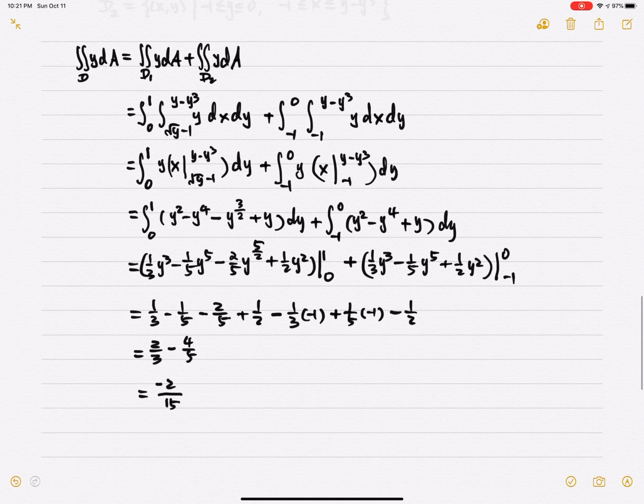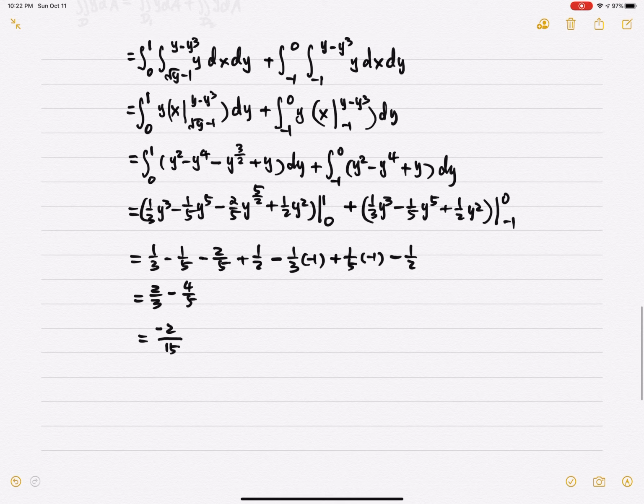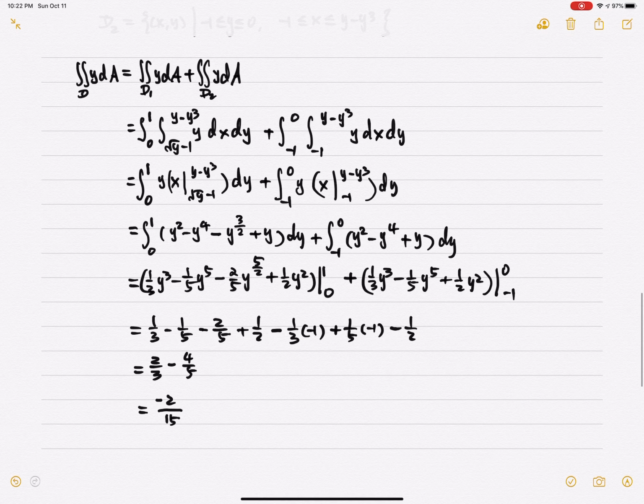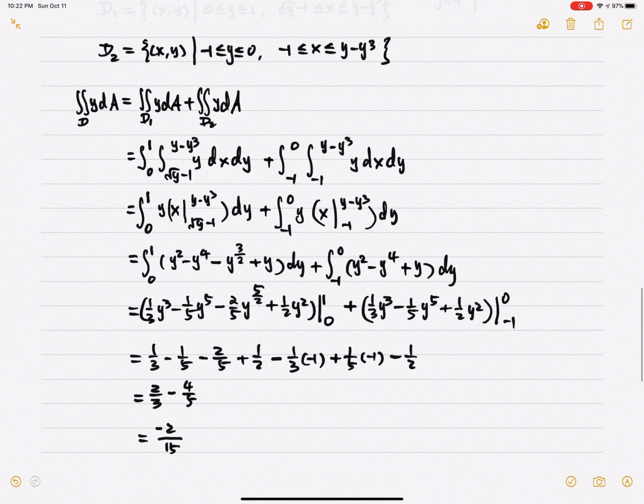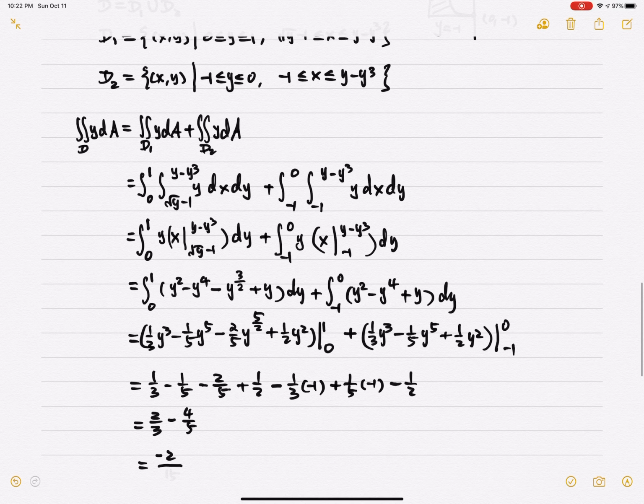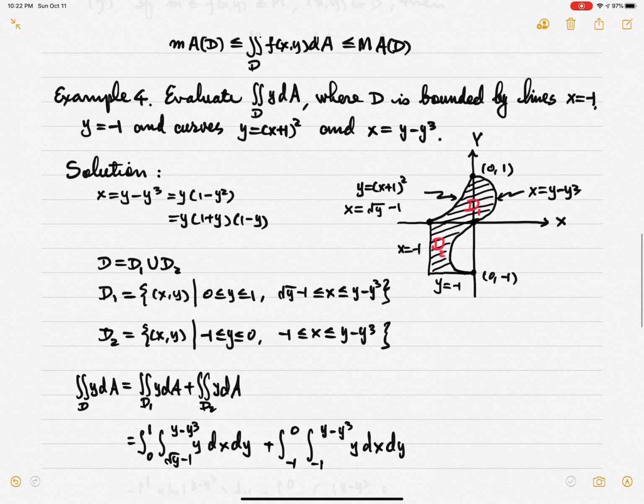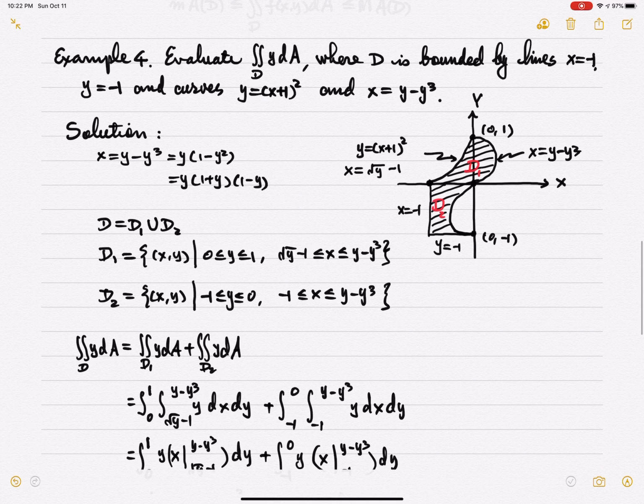So this is the integration. Of course, the integration could be negative. If the function is above the xy plane, this is like the volume under the surface z equals y, above the xy plane and on the region D. But you notice that on this region D, some of the y values are negative.